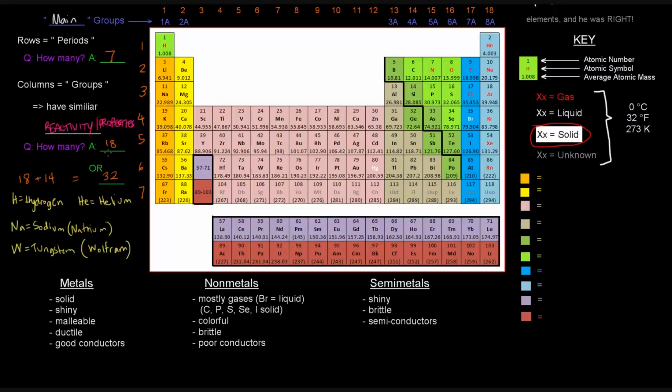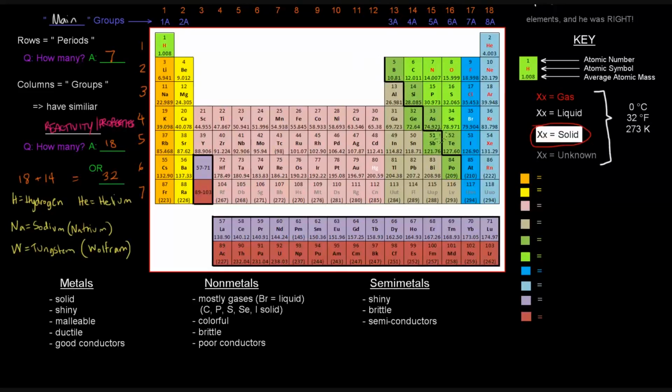So what are the names of some of these groups, and what are some tidbits of knowledge that we should or might want to be familiar with? This first group here, group 1A, excluding hydrogen. Actually, before I even mention that, there's this dark staircase, this little border.